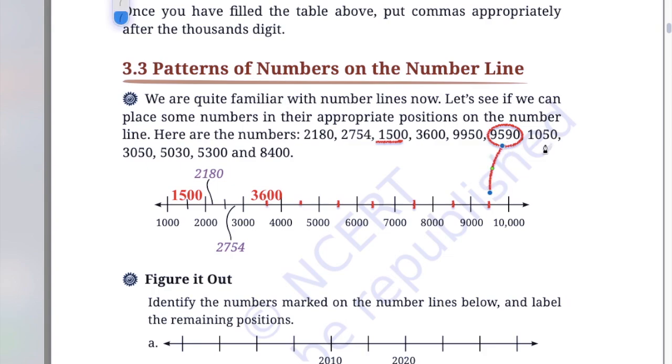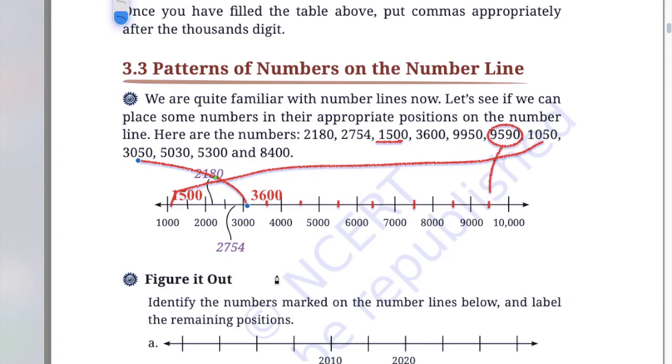Then 1050. See, 1050 will be just 50 more than 1000. 3050: 3000 you can see, just 50 more than that, it will be somewhere here.